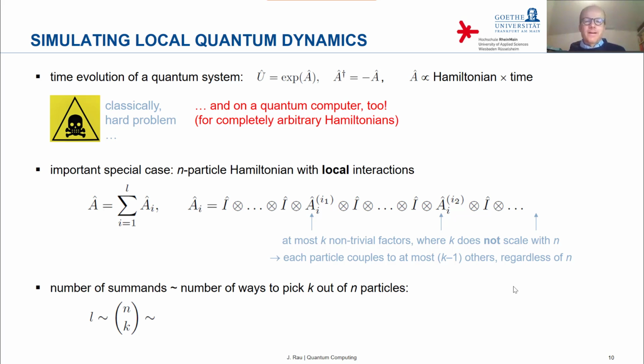So the upper limit in your summation index, the L, scales with that number of ways for picking k out of n particles, and this, you know from combinatorics, is the binomial coefficient n over k. And for our purposes, it's enough to note that this scales polynomially with n. Assuming that k does not scale with n, then this binomial coefficient scales polynomially with n.